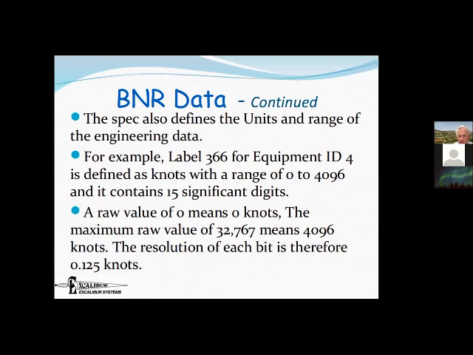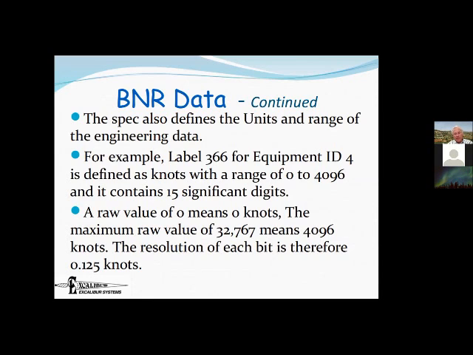Remember we said before, in order to positively identify something within the specification, you need both the equipment ID of the transmitter, the source of the data, and the label. So equipment ID 4, label 366: knots are the units, and it has a range of 0 to 4096.